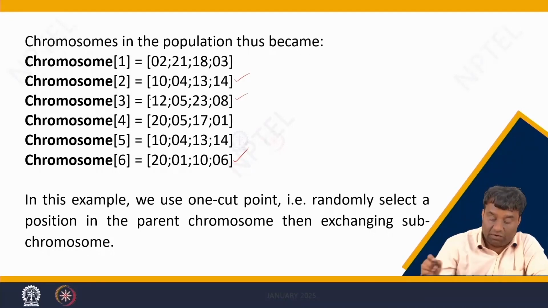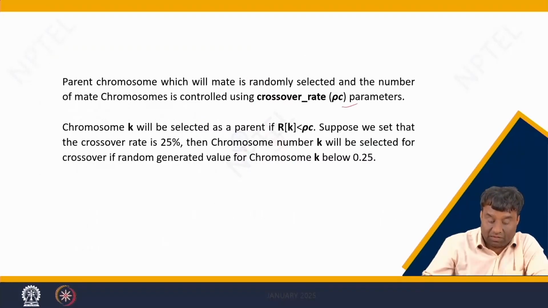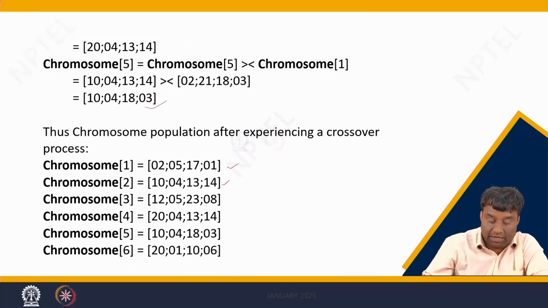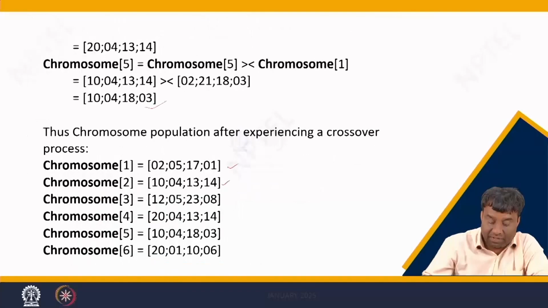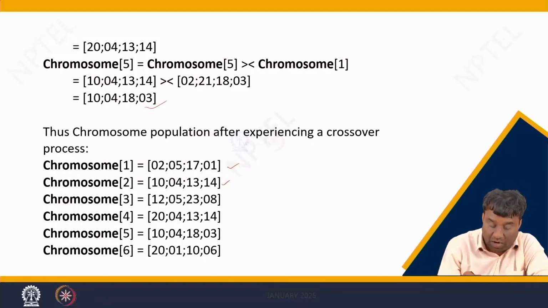Only chromosomes 1, 4, 5 will be changed here. These are the new chromosomes, and these are from the previous. So we got the 6 chromosomes.